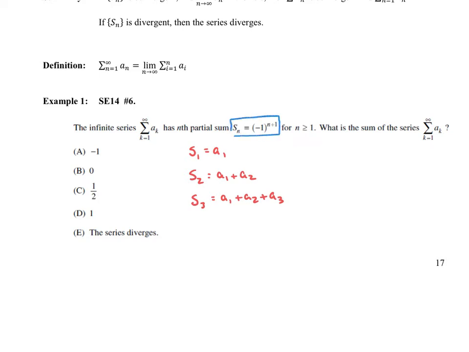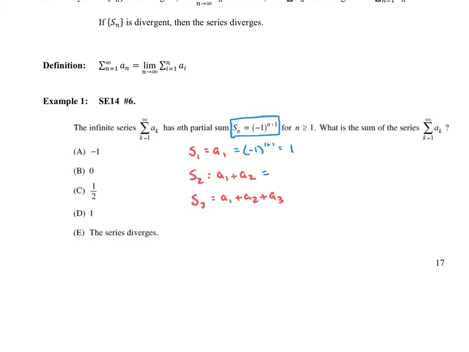So we're being told not what a sub 1 is, or a sub 2, or a sub 3. We don't know what any of those are, actually. All we know is the partial sum generator formula. So S sub 1 in our generator formula would be negative 1 to the power of 1 plus 1, which is, of course, negative 1 to the second, which is 1.